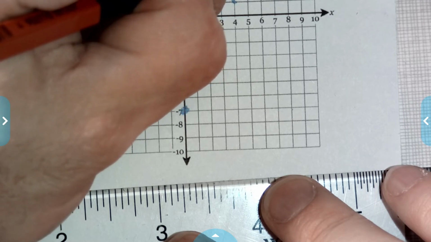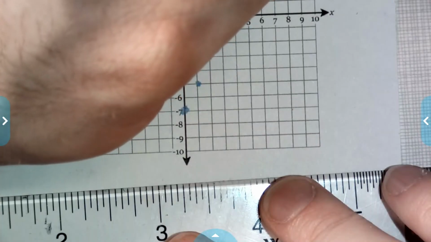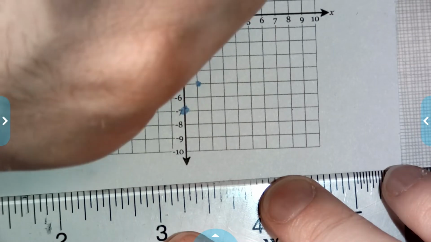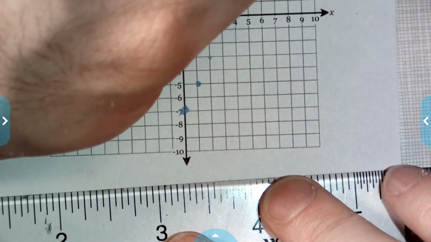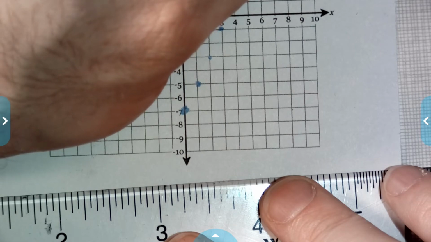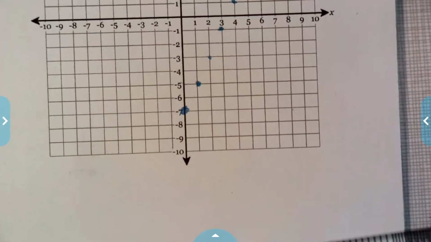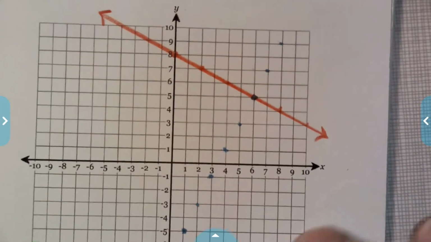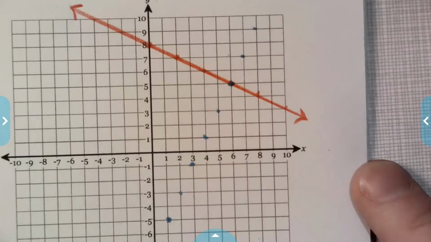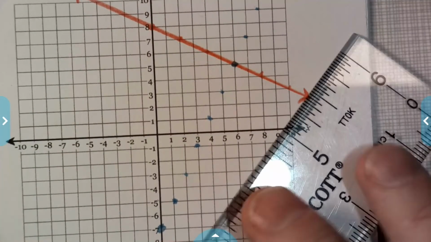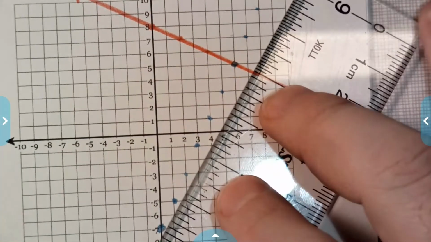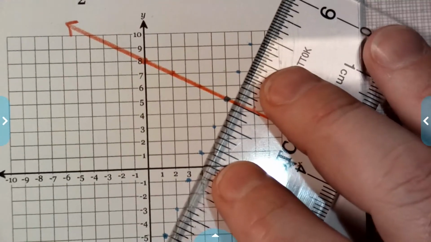Right there. Up 2 over 1. Okay. See, actually, by plotting in all the slope points, I find the intersection point already. Makes life a lot easier.